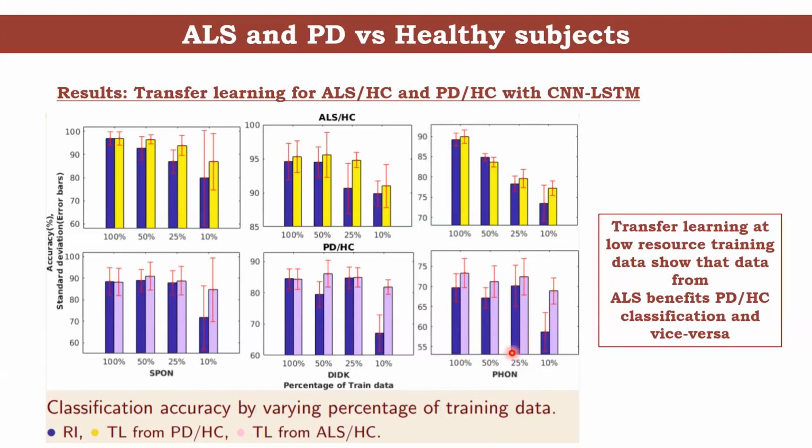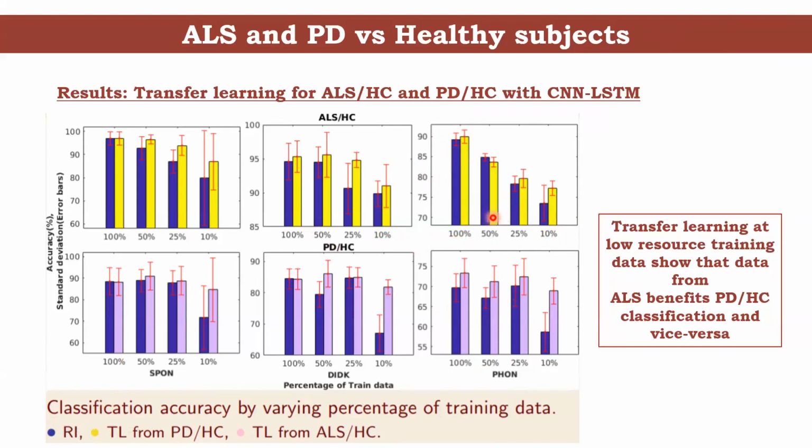What you see in the blue curve is the randomly initialized model trained with whatever data is available. Here is 100% of the data, and we prune the data, meaning we randomly sample down to 10%. Of course, the performance goes down, because we are training with less data, so it will not get trained well.